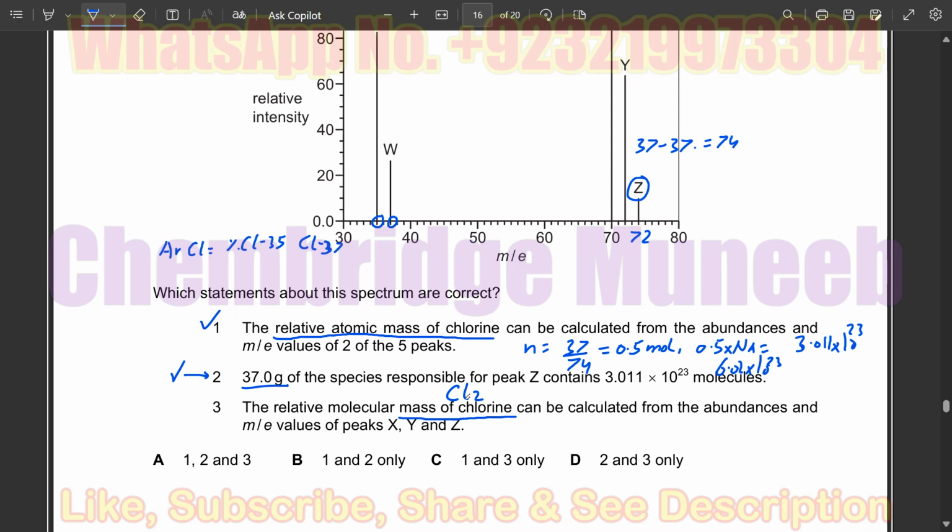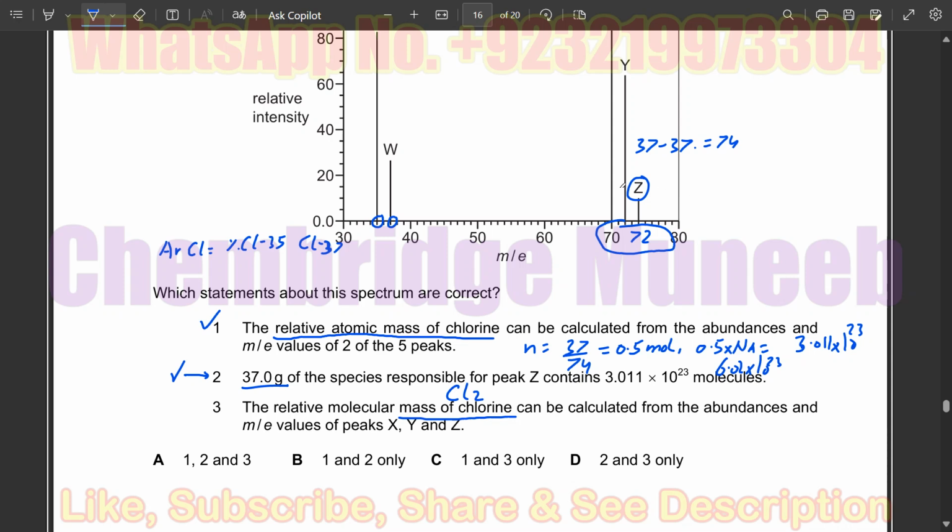From these values we can find the mass of chlorine, and we are also given the m/e values at the bottom on the x-axis. So yes, we can find the relative molecular mass of chlorine.